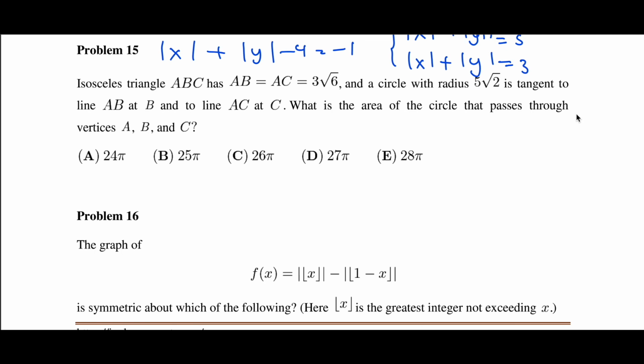The first thing to do is to draw the graph. So this is A, this is B, this is C, and let's connect them, AC. The question tells us that AB and AC are equal, and they're both 3 root 6.